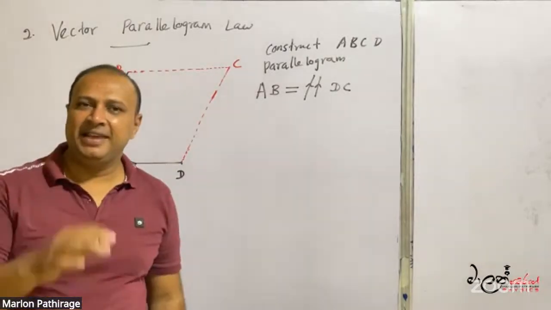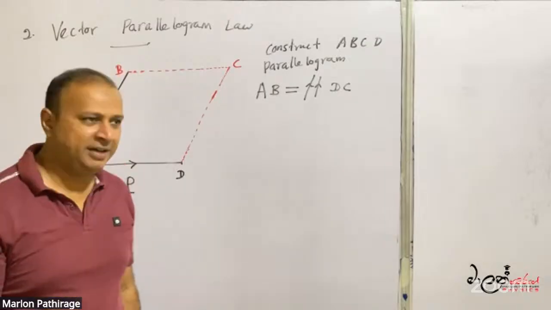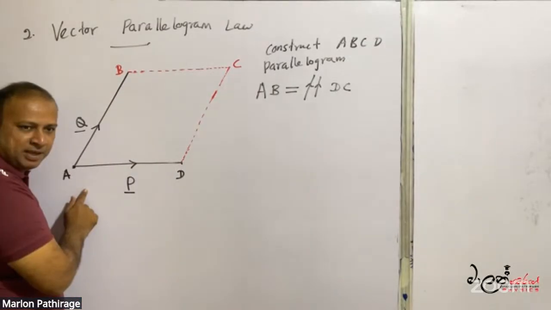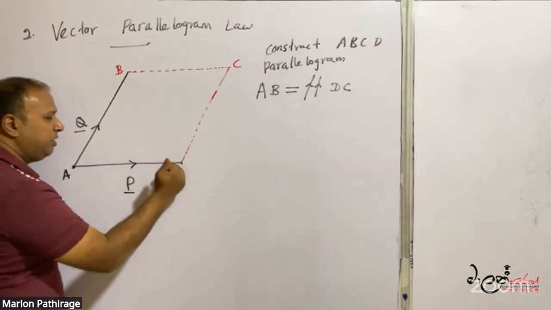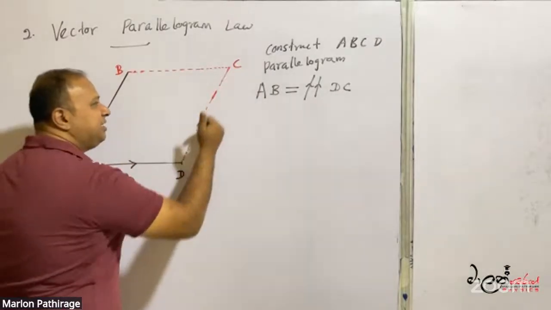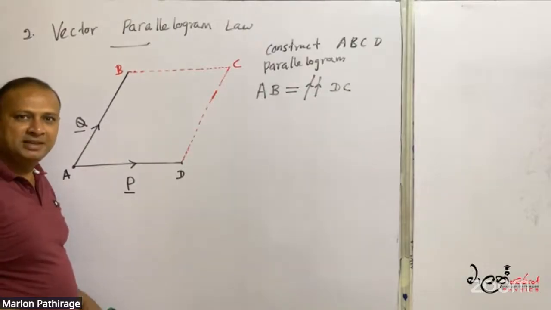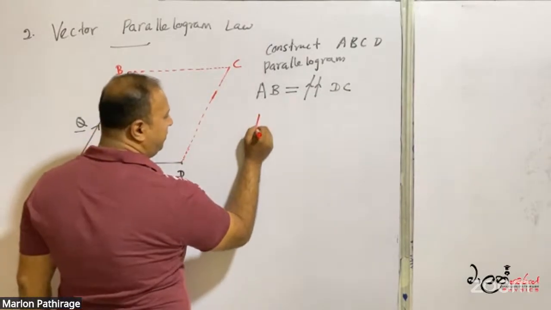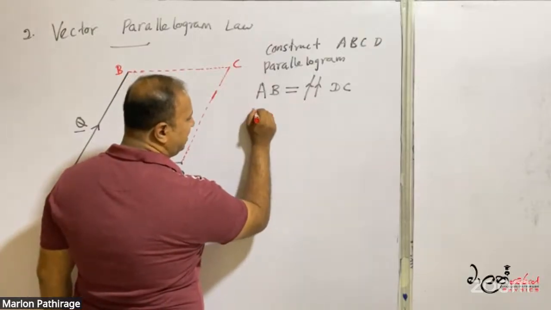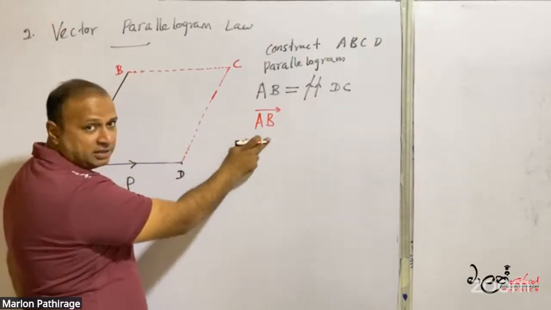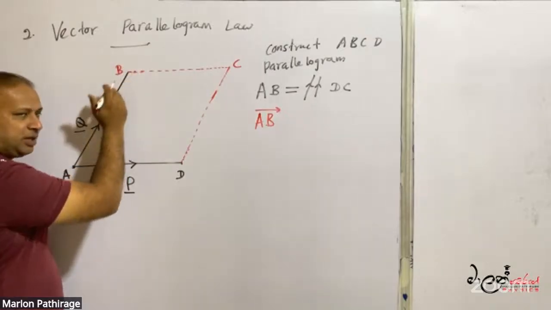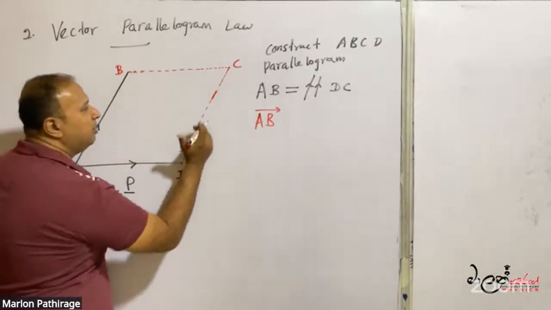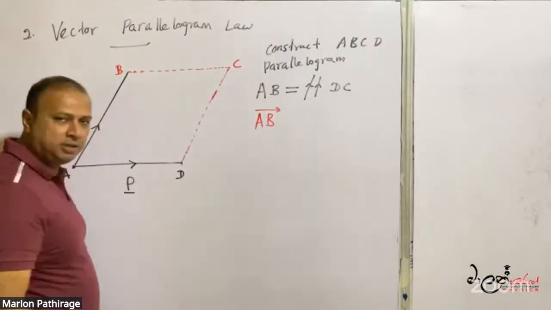Therefore, it is very clear if we consider the AB vector, it should be equal to the DC vector.